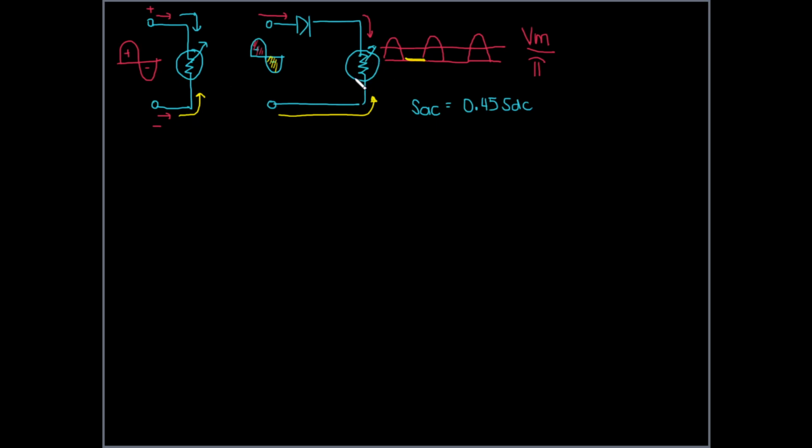If you're using the same meter movement, say this meter movement was designed to deflect at full scale when the input is 10 volts DC. If you place here a 10 volt battery, it's going to deflect full scale. However, if you replace that battery with a 10 volt AC source, it's only going to deflect 45%.